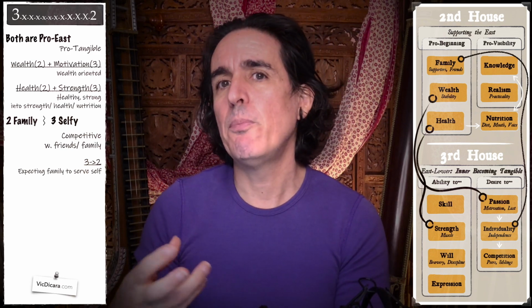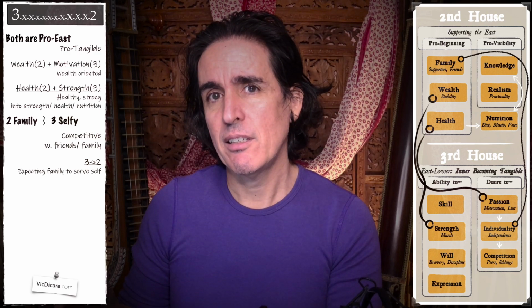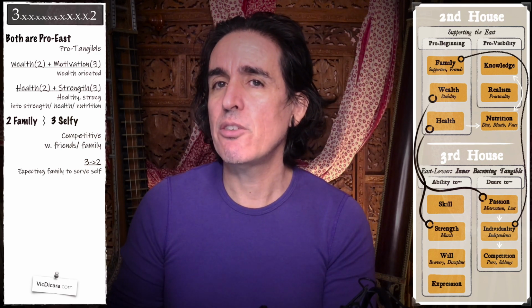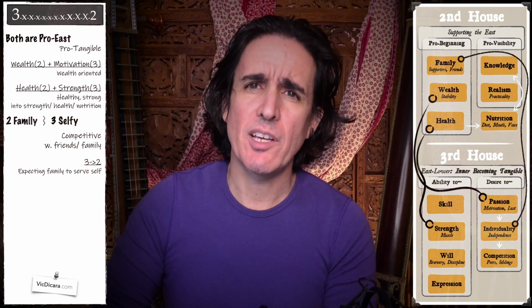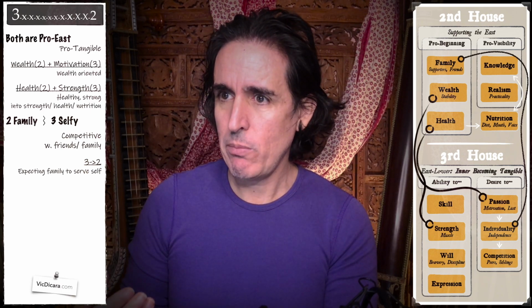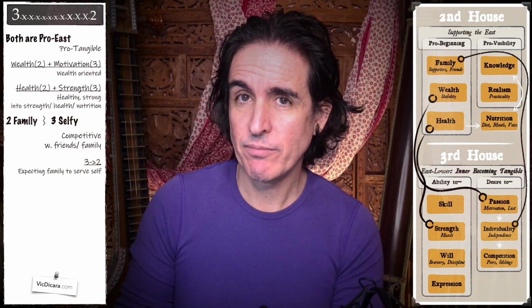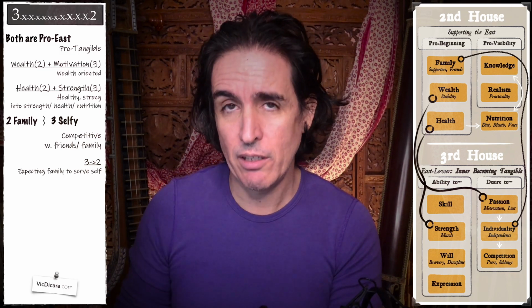So you'll get a bit of a laziness, actually, will come out about this. The motivation and the drive will be served all the time by the family members, and so the native doesn't develop a lot of self-reliance.